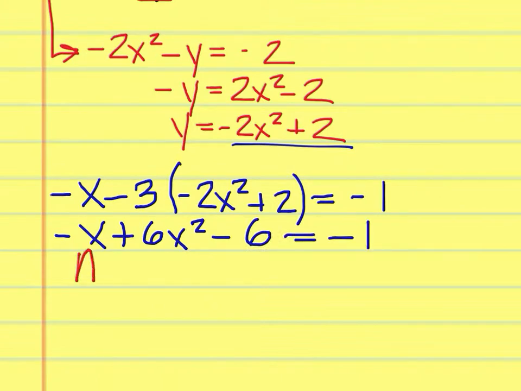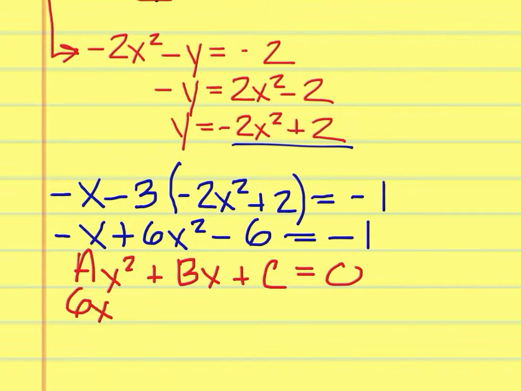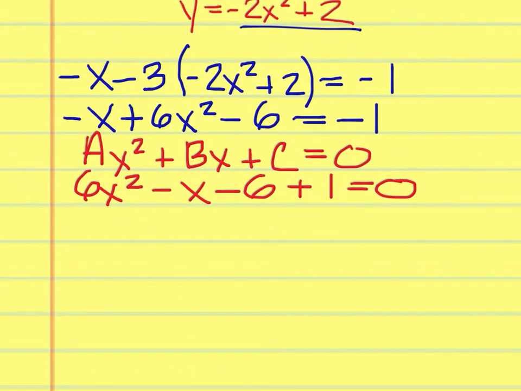Remember, you must have ax squared plus bx plus c equals 0. We already have 6x squared and a minus x minus 6, but that -1 goes to the left and becomes plus 1. So now we must simplify our constants on the end. -6 plus 1 is -5.